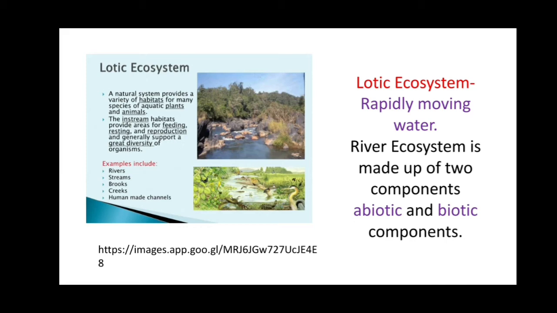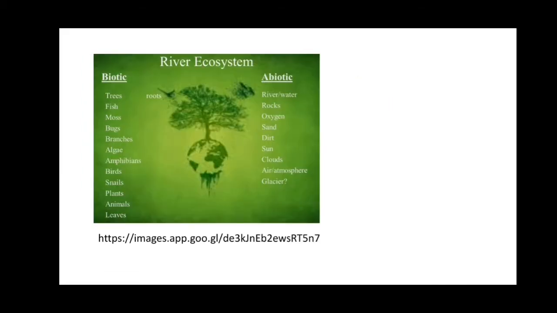The river system is made up of two components, the biotic and the abiotic components. Here, in this diagram of the river ecosystem, the biotic component includes trees, fish, moss, bugs, branches, algae, amphibians, birds, snails, plants, animals, leaves and roots. The abiotic component includes river water, rocks, oxygen, sand, dirt, sun, clouds, air, atmosphere and glaciers.